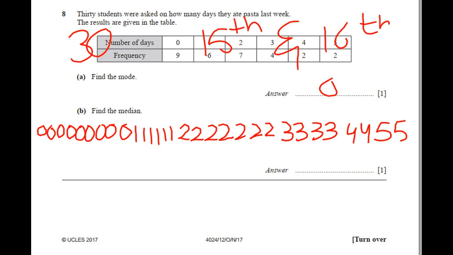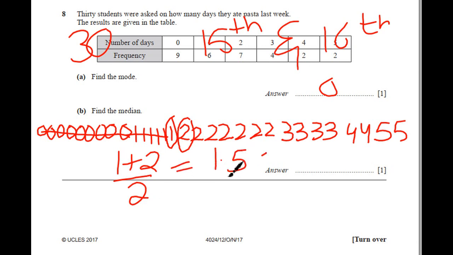So let's see what is the value of the 15th student and the 16th student. So we had 9 here, 10, 11, 12, 13, 14, 15th. So this is the value of the 15th student and this is the value of the 16th student. So we take the average here, 1 plus 2 over 2. So the answer is 1.5 days.